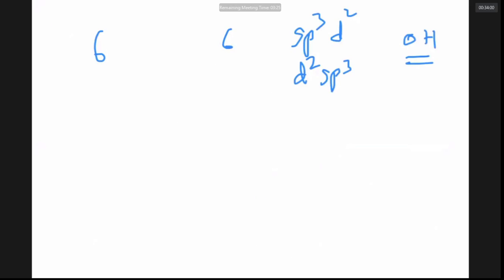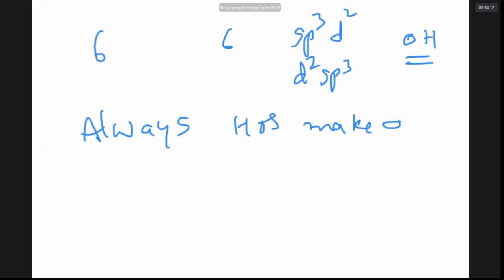If the valency of atom is 6, it offers 6 hybrid orbitals called sp3d2 or d2sp3. They have a shape like octahedron. The shape of hybrid orbitals of central atom decides the shape of molecule. Notice, always hybrid orbitals make sigma bonds.